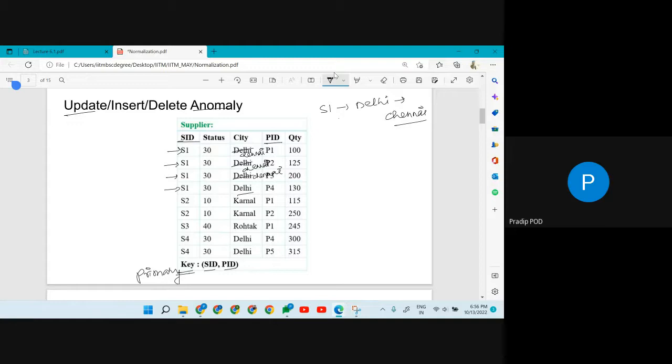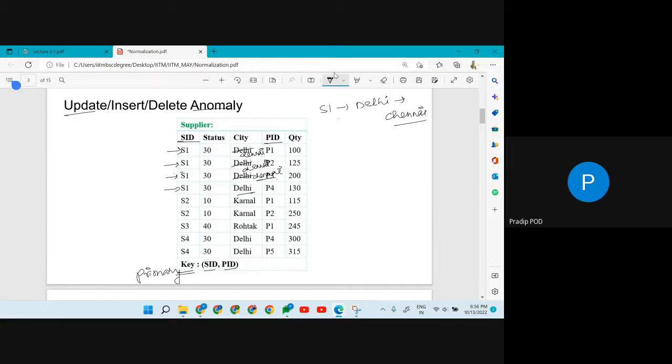Now, if I ask you what is the city of supplier ID S1, there is redundancy. You cannot tell which city, because two cities are here, Chennai and Delhi. Because of this repetition of the data, an update anomaly may be possible. This concept is called the update anomaly, right?